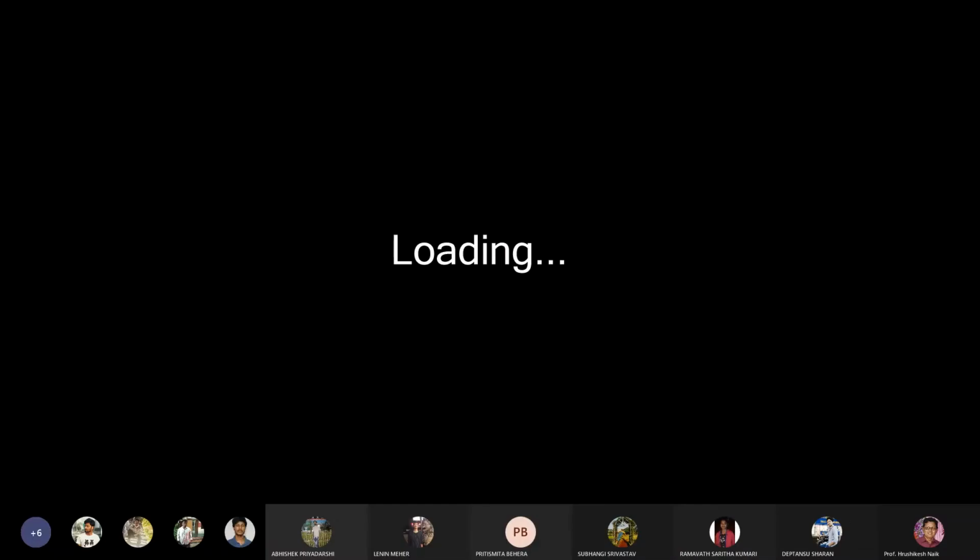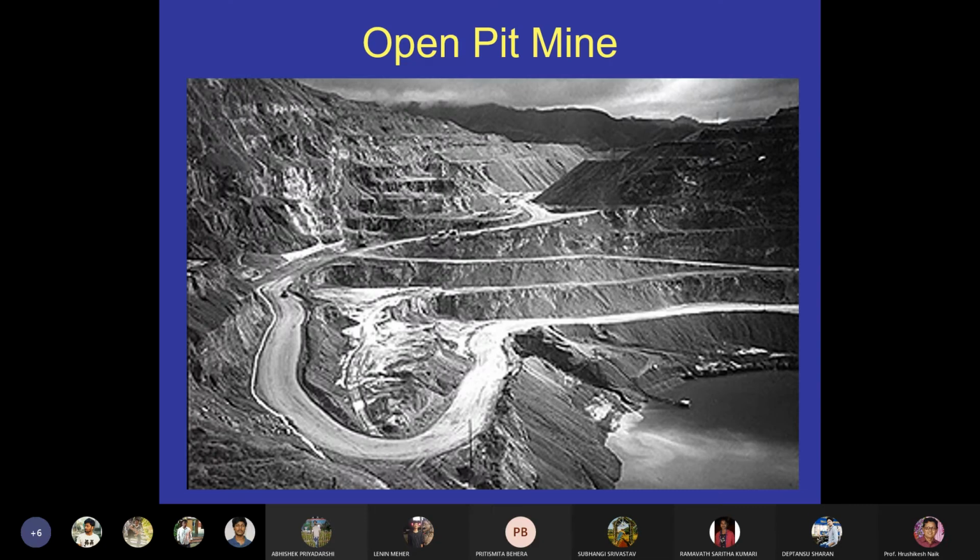So today we are going to discuss open pit mining. This is a mine where the haul roads are clearly visible.